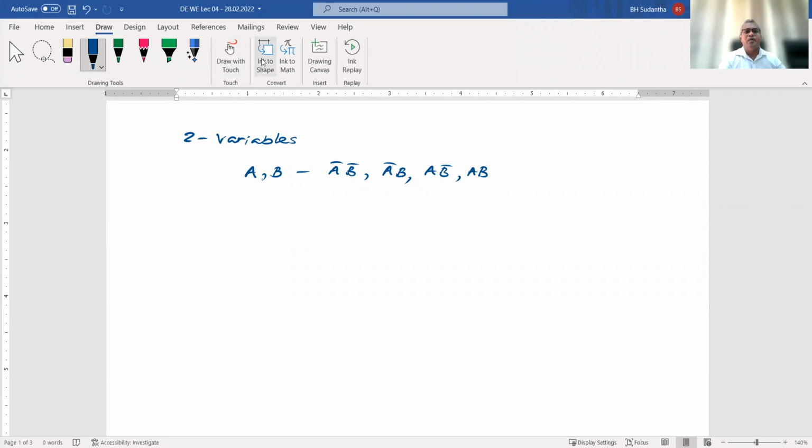Then here we have this map, like this. This is side A and this is side B. This is for B bar, for B. This is A bar.